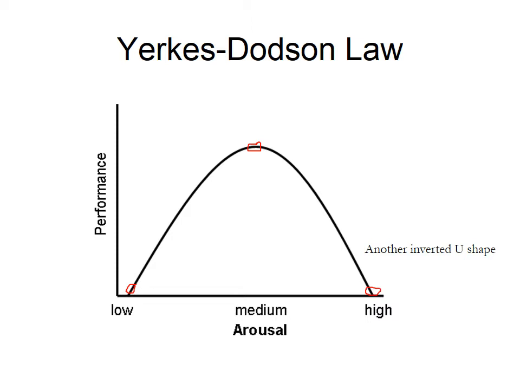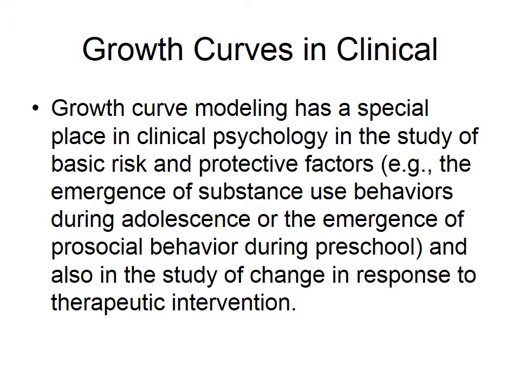If you have a little bit of anxiety, it motivates you to do better, so your performance goes up. If you have too much anxiety or too much arousal, a person can no longer function anymore, so performance is going down. So here's another example of a non-straight line relationship between variables.